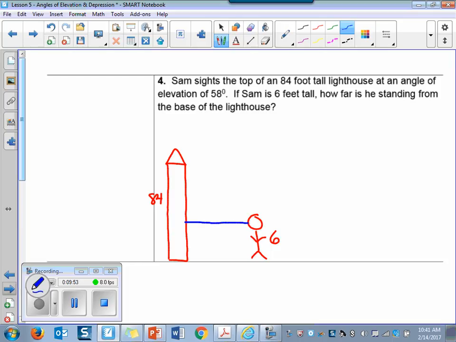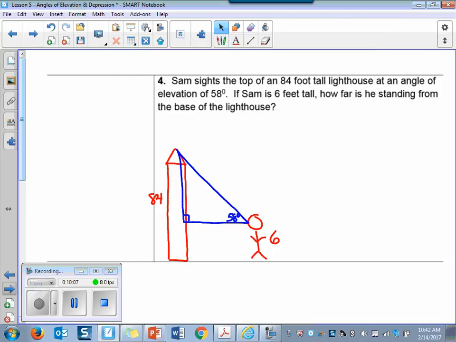I know, but that's what you assume. Angle of elevation, and let's see, that's 58 degrees, right? So if Sam is 6 foot tall, this little piece of our lighthouse right here is 6 foot tall, and 84 minus 6, this side of my triangle is 78 feet. Not drawn to scale, but that's okay. How far is he standing?